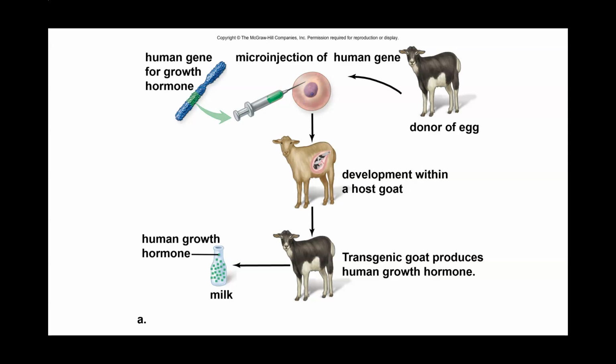They take that egg, fertilize it, and place the embryo inside the uterus of a host. That host grows that embryo and gives birth to offspring, and the offspring now can produce growth hormone in their milk, and they can do this for a long period of time. And so you can continuously get that growth hormone from the milk.